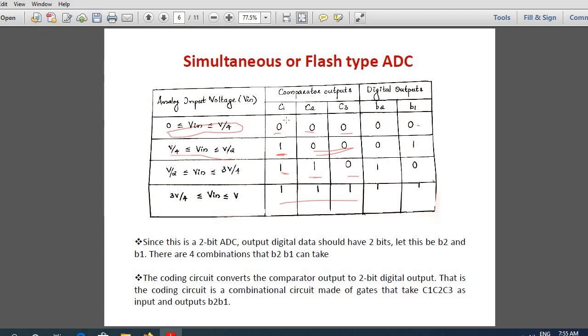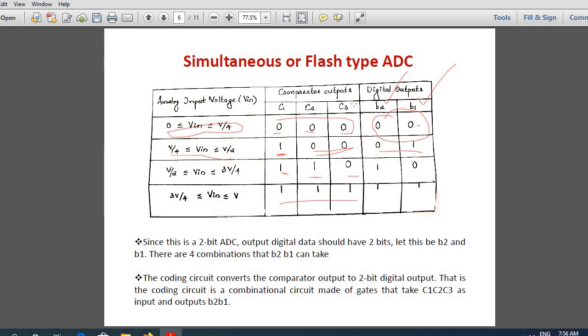So if C1, C2, C3 is 0, 0, 0, let my B2, B1 output be 0, 0. For the next case, let it be 0, 1, and in order 1, 0, 1, 1. Now, if this is the requirement, you can design a combinational circuit with this as inputs and this as outputs.